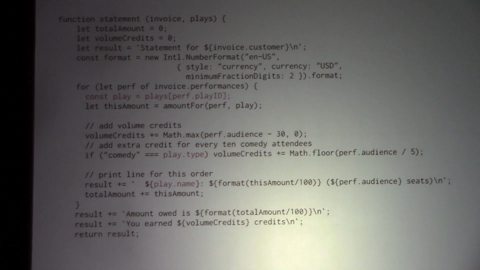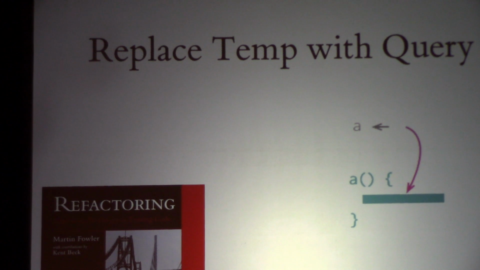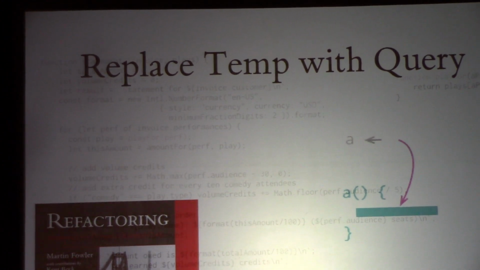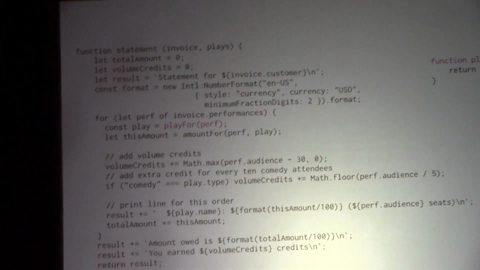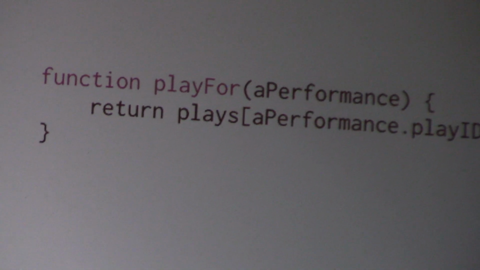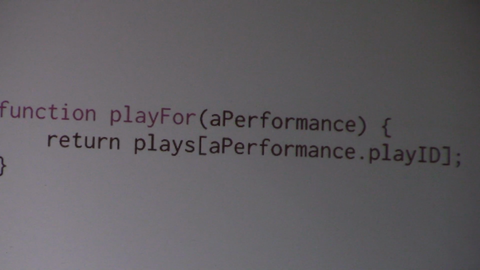So the refactoring I'm going to apply is called replace temp with query. This is exactly the same name as it was in the first edition. So what does this mean? Well, the first thing I do is I extract the right-hand side of that assignment into its own function. And this is a very trivial refactoring, it seems, and the function is tiny.